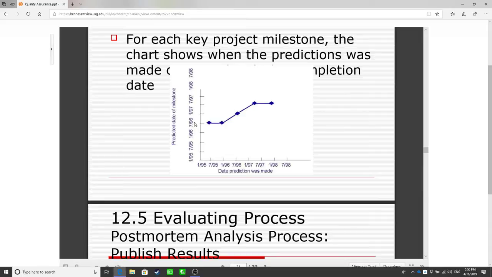If it's not on track, if it's delayed, the prediction will be postponed as well, right?